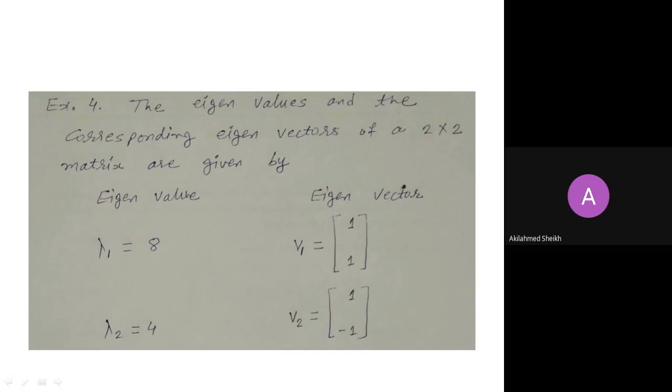Again here we solve this example by using the property. Just observe here, the sum of eigenvalues is nothing but 8 plus 4, which is 12.